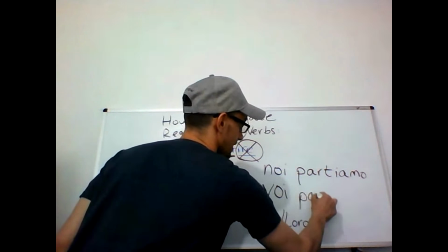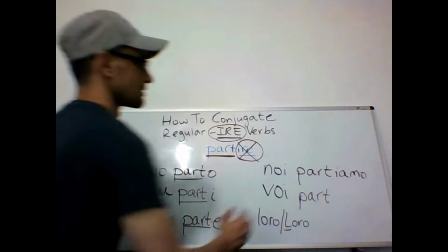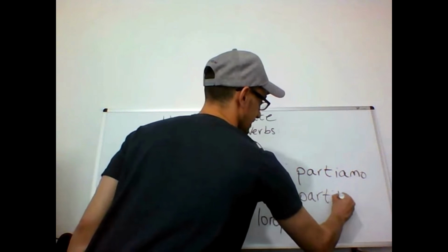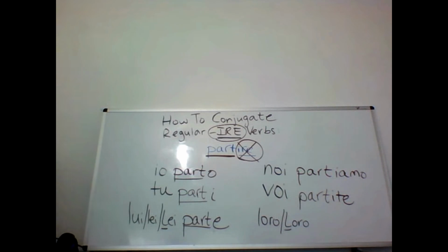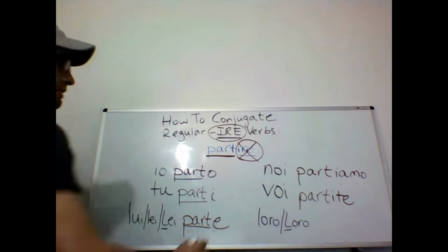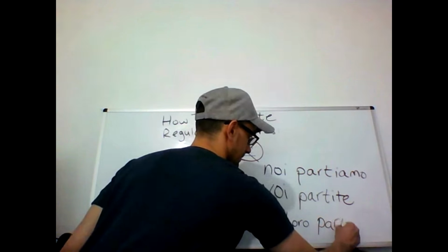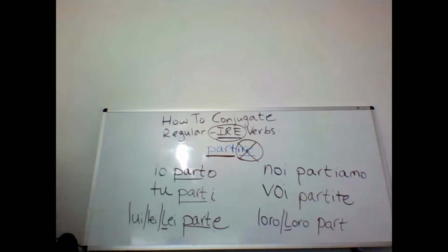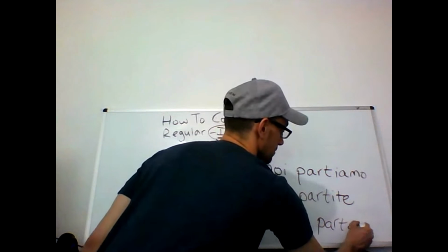Voi, put the part. Okay, I know that that's the stem. Then I add the ending, ite. Voi partite. You all leave. And the loro, I have part. Okay, and then what do I add? I just add the ending, and I know that that's ono.